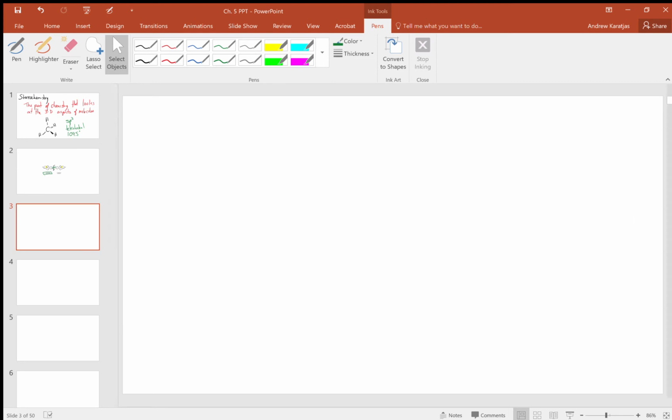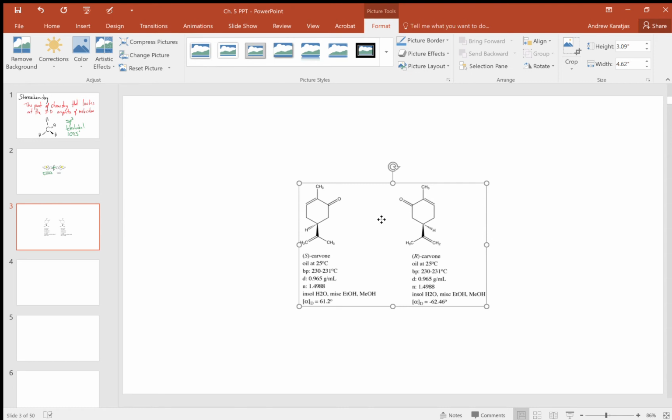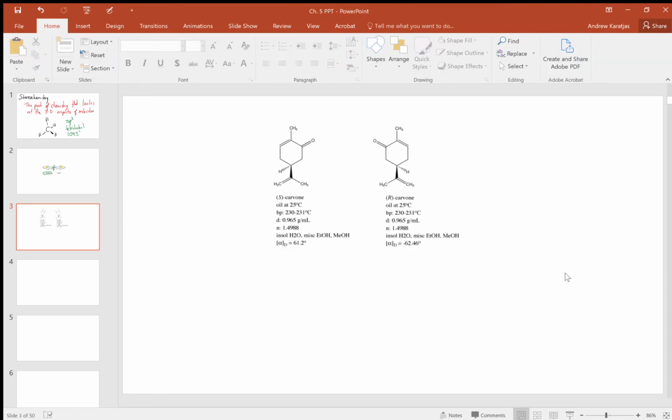Another application of this is a very different type of situation, but still illustrates this as well. Here are two molecules, both known as carvones.